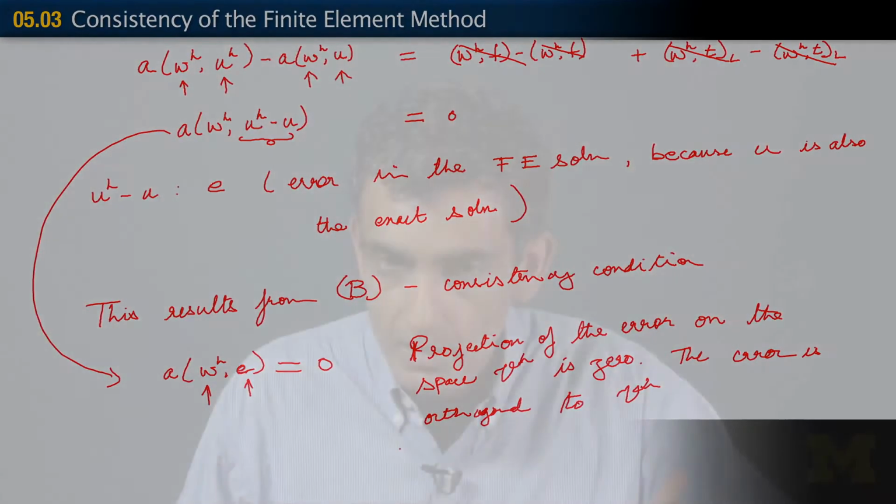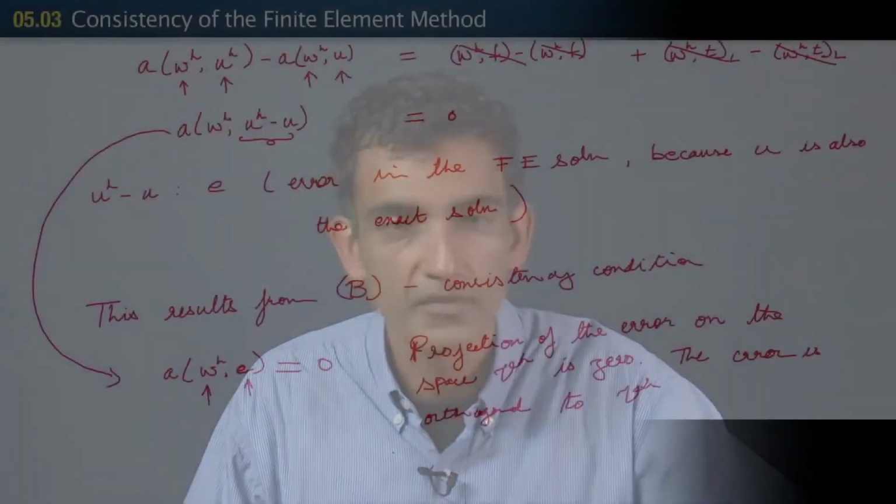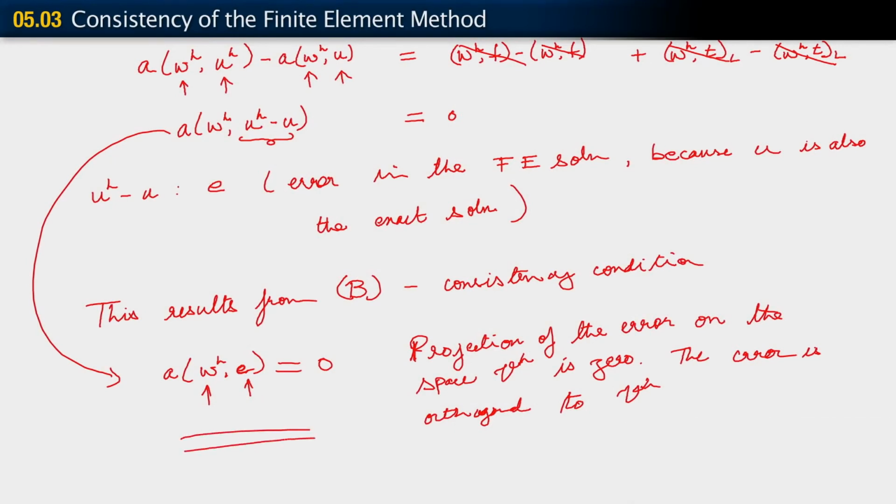One can define formally and rigorously a notion of orthogonality for functions using our bilinear form. And what it is saying is that, with that definition of orthogonality, our error really lies outside of our space VH because it has no projection left in VH. And that's why we're seeing this result, that this projection is effectively 0. So in a sense, it's saying that we're doing very well with having chosen the space VH.